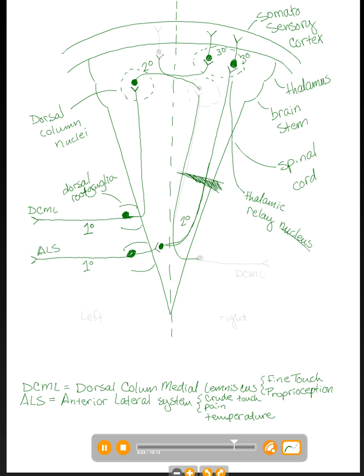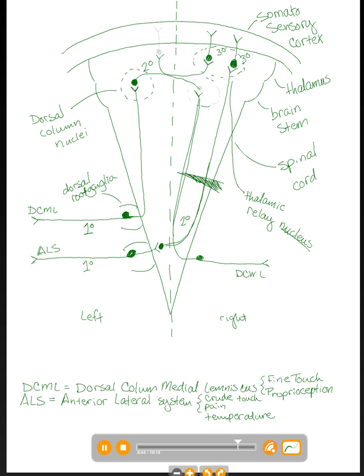So that's the same on both sides of the body. This is the left side here, and this is the right side. You will again have neurons come in with their cell bodies.